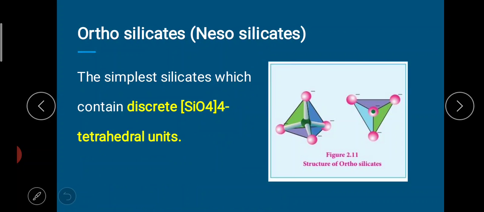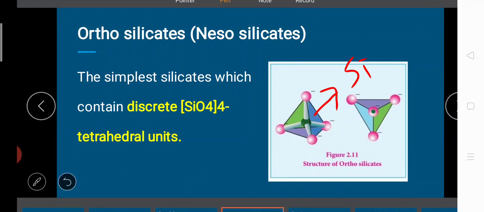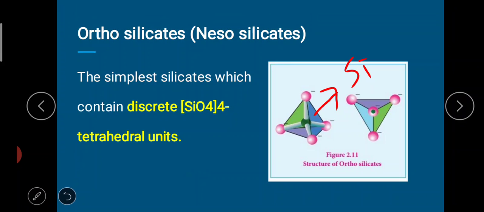Now let us understand this with the help of this picture. If you see this first picture, in the middle you have silicon. The green color ball is silicon. Next, it is surrounded by 4 oxygen, 1, 2, 3, 4, oxygen carrying a negative charge.